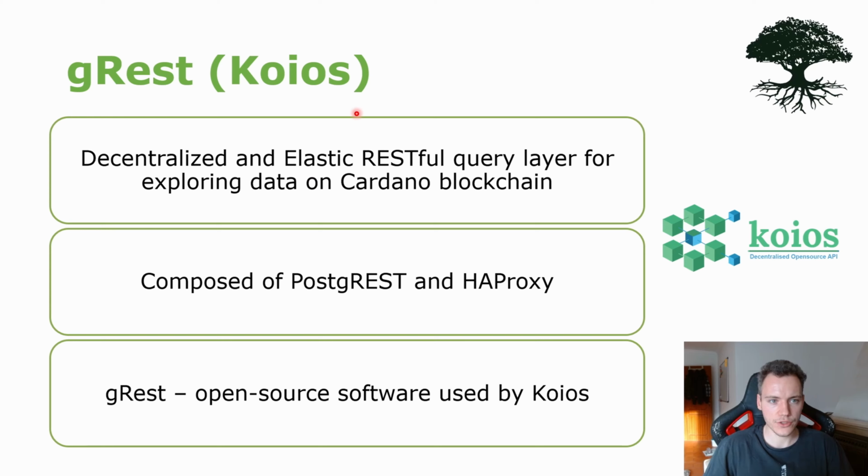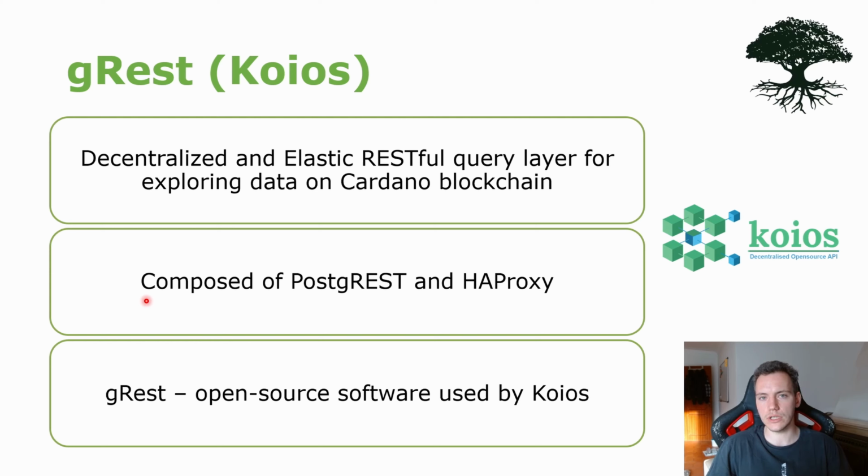So finally, gRest or Koios is a decentralized and elastic RESTful query layer for exploring data on the Cardano blockchain. So like I said, it sits on top of the PostgreSQL database that cardano-db-sync creates.